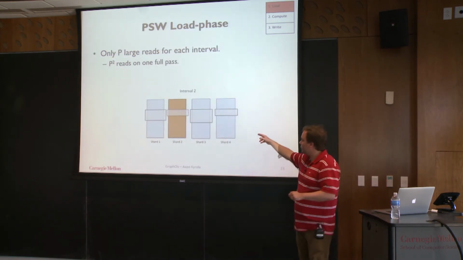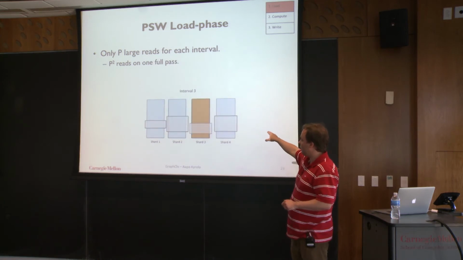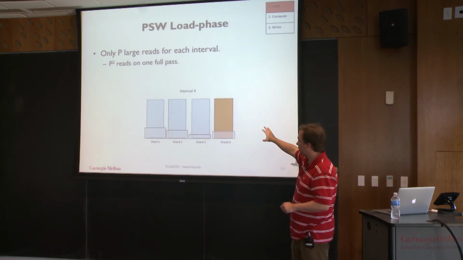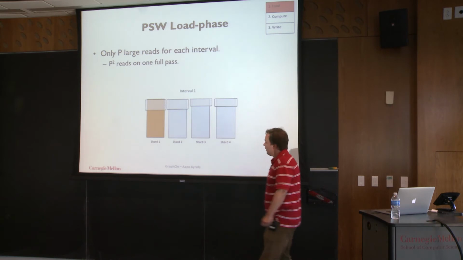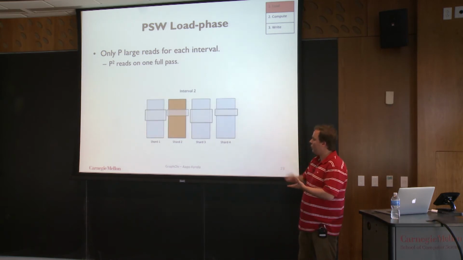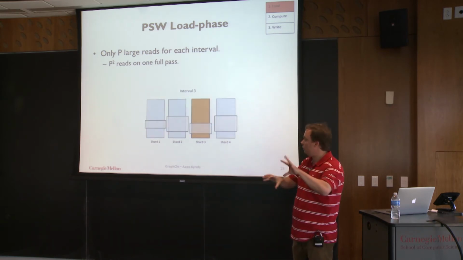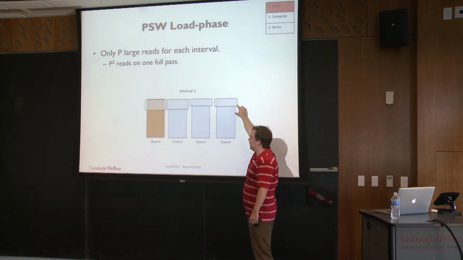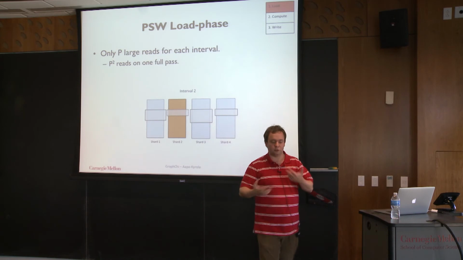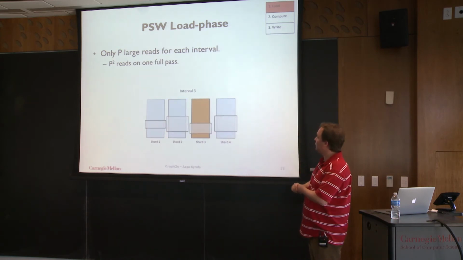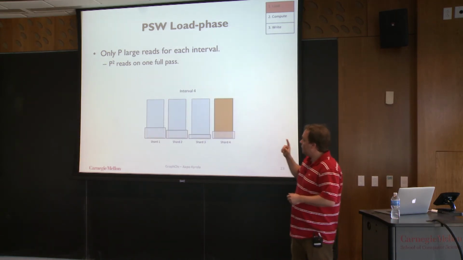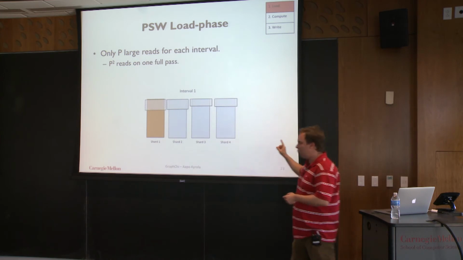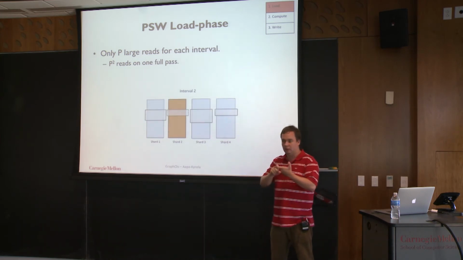So now here you can see an animation of how we work on a graph with 4 intervals, and on each interval we load one shard into memory, and we have these sliding windows which are going down. And as you see, their length changes all the time, because graphs are typically quite random in structure. What is important is that for each interval we need only p large reads.